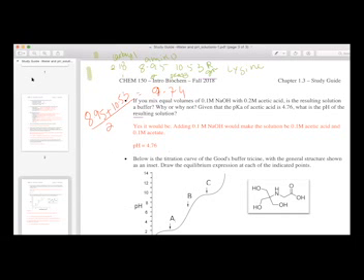The answer should be 9.74. Hold on. It's 8.95 plus 10.53 divided by 2. Yeah, 9.74. I think I have something wrong with my calculator then. Yep, it's 9.74.